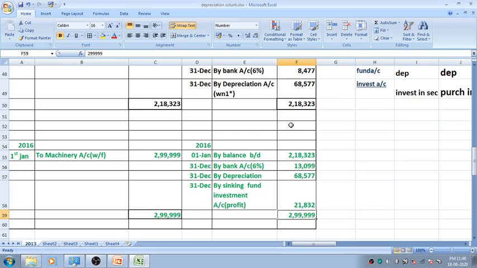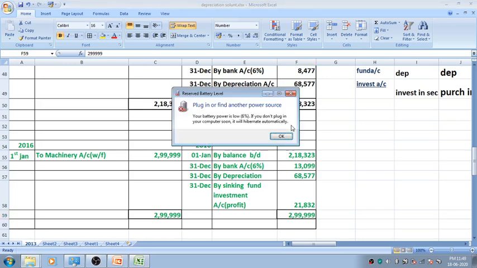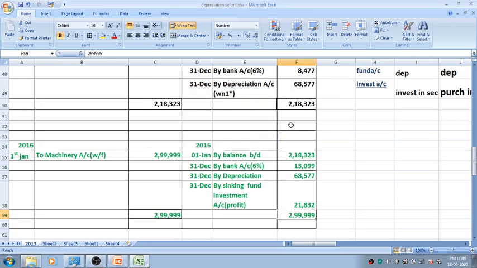Once you write the opening balance, you try to write the journal entries. As usual, you are going to write the journal entries for the year 2016. In 2016, the very first entry is interest. Interest received on account of investment.